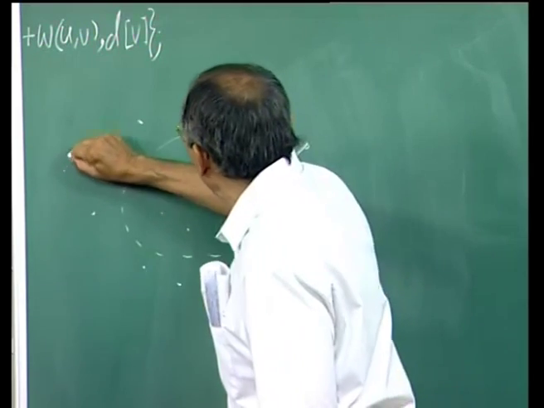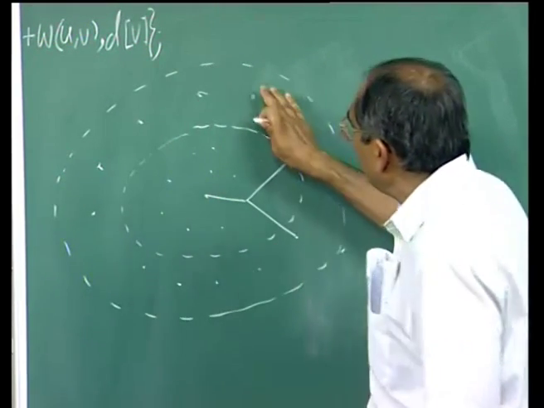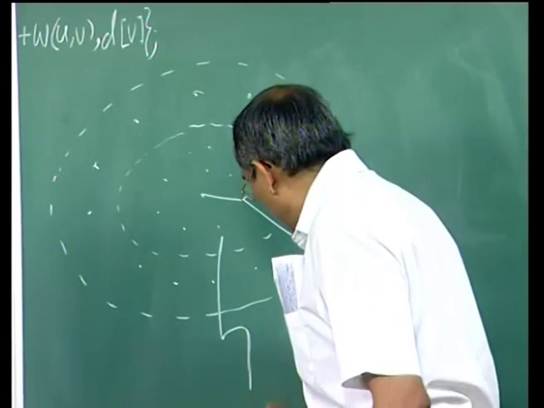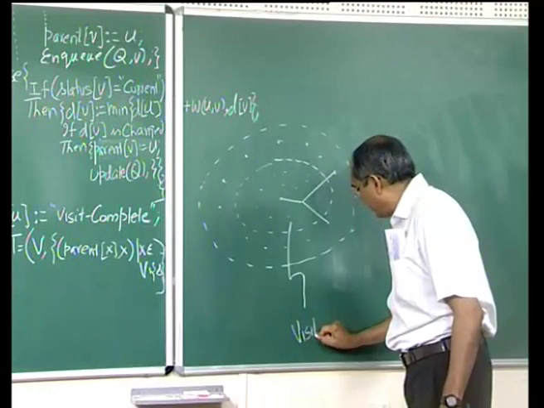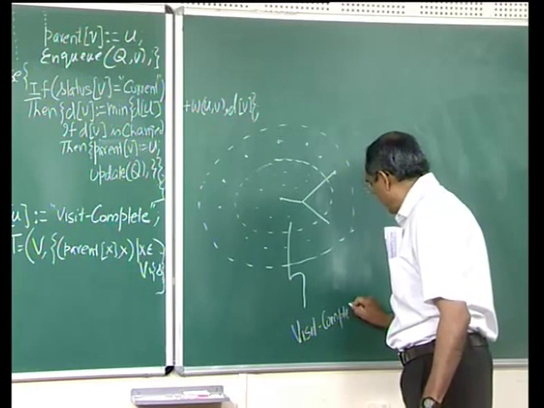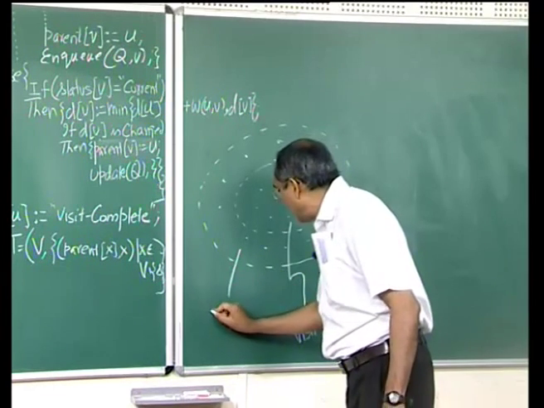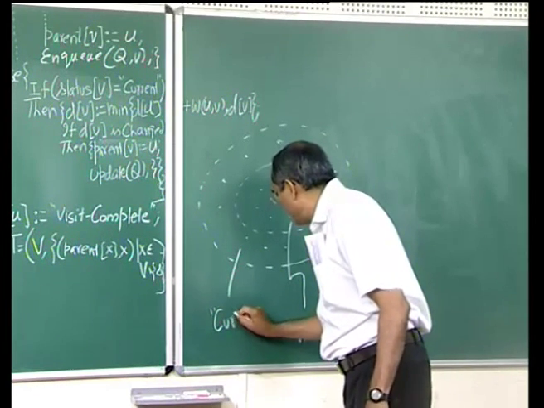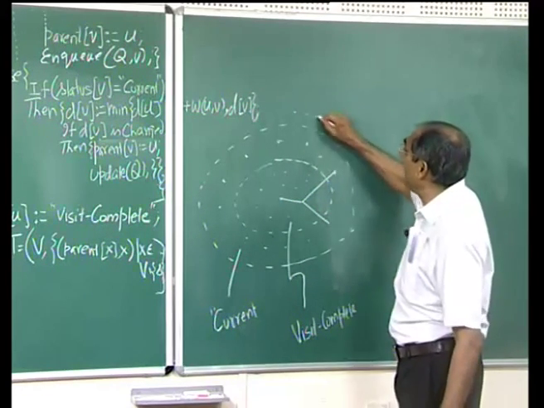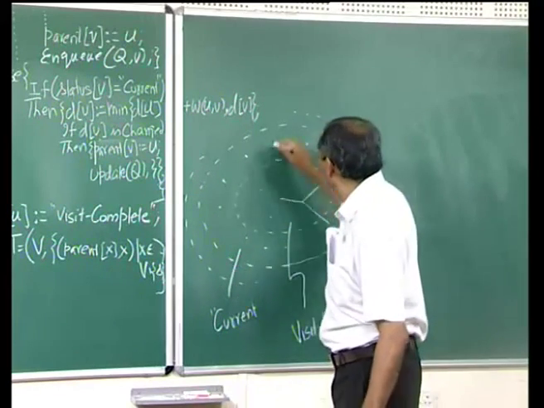So, let us put another boundary and think that this is visit complete, and these are current, and outside this are unvisited vertices. Okay.